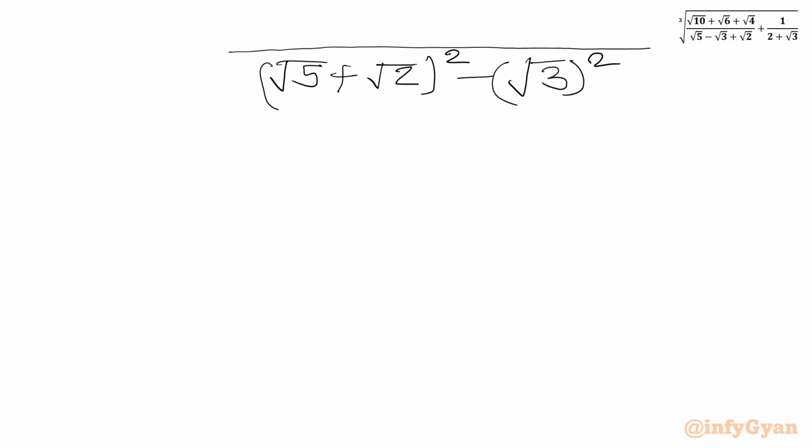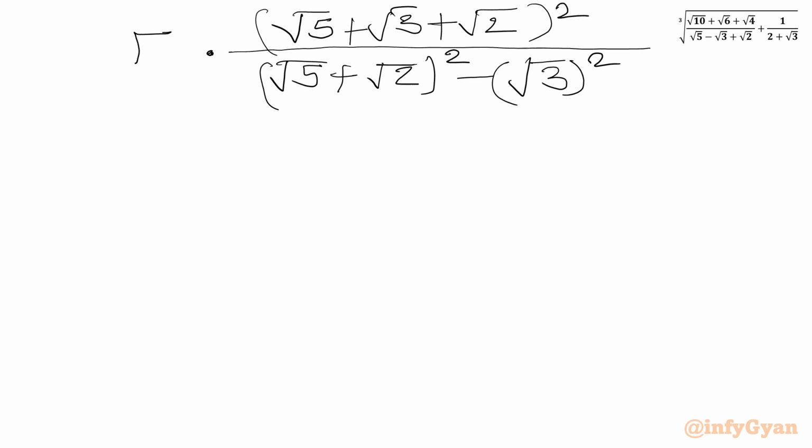Now the numerator will be equal to (root 5 plus root 3 plus root 2) whole square, and the coefficient was square root 2. This was our expression A. Now we can apply the (a plus b plus c) whole square formula in the numerator.